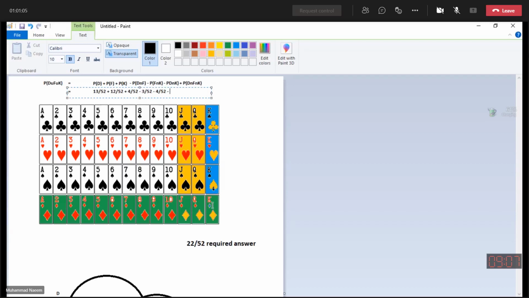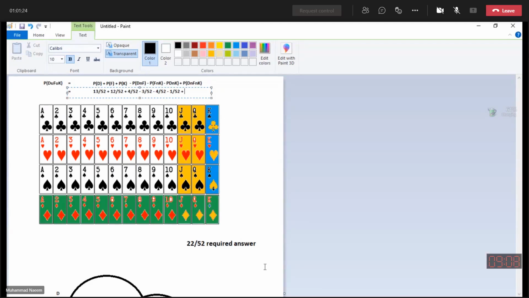This one is common. Only one element, 1 by 52. And as we are adding the intersection of all the three, so plus how many elements in the intersection of all the three?